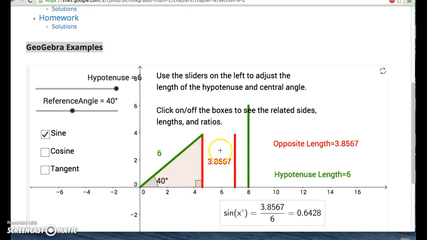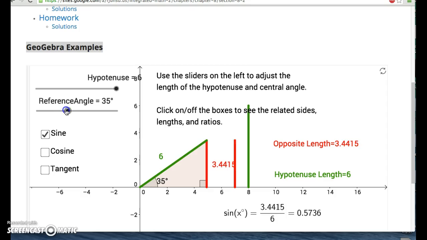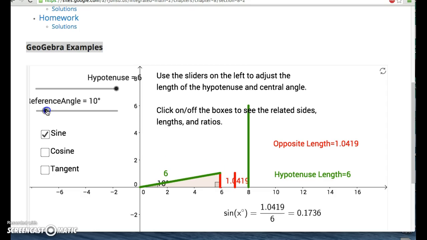Okay, so you can see this right here. We can just move it here. So if you look at 10 degrees, 10 degrees is a very short opposite length, because it's only 10 degrees. So if you divide the opposite, 1.04, divided by 6, you're going to get 17.